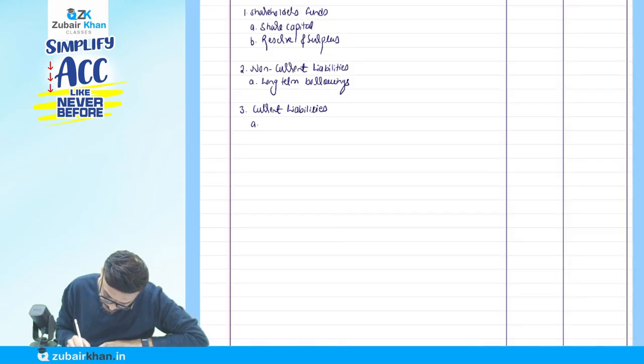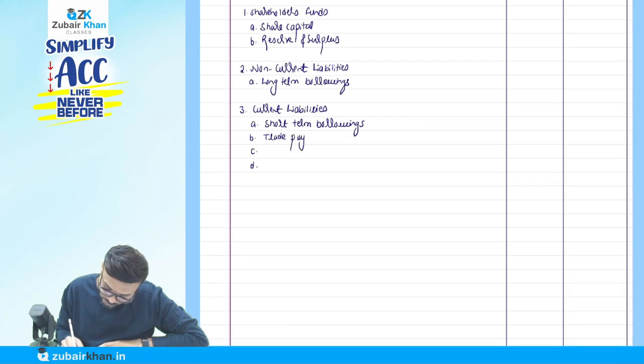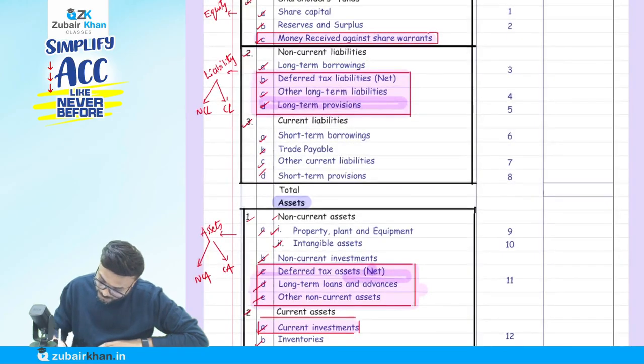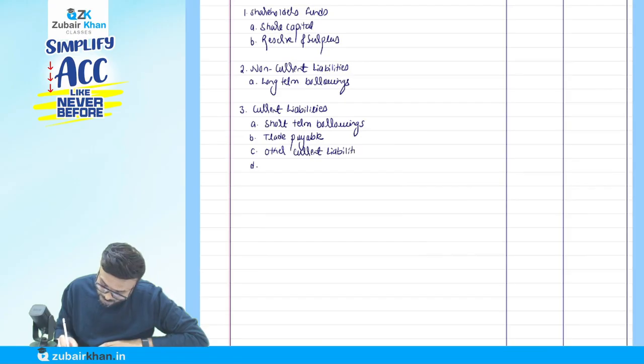So A, B, C, and D. Short-term borrowings, trade payable, then other current liabilities and short-term provisions.